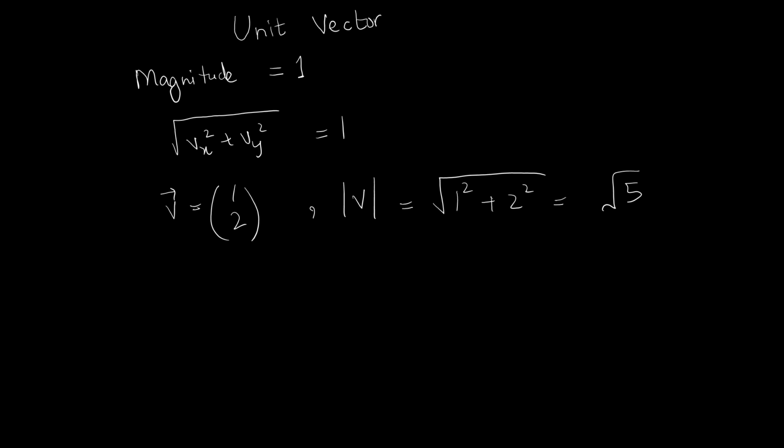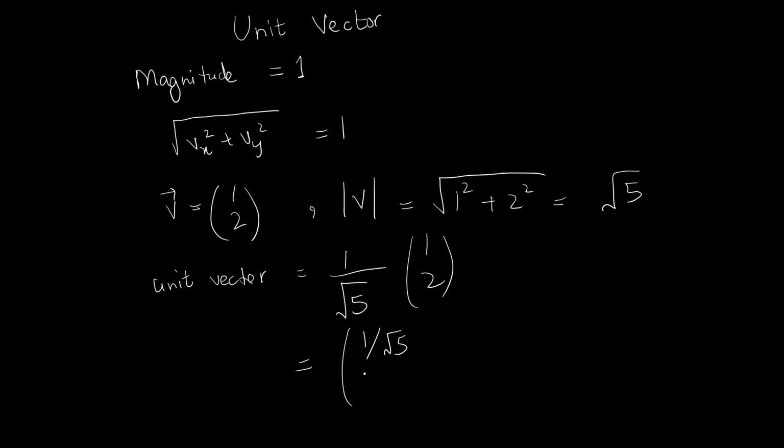So in order to find the unit vector, you just multiply it with 1 over magnitude, and according to the scalar multiplication, it will be multiplied with each component, and therefore you have found the unit vector very easily.